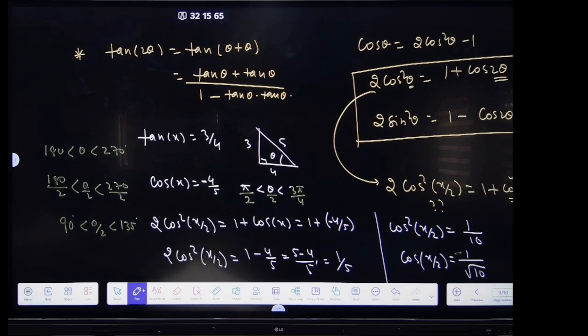Sin x is separate, sin y is separate. Solve, solve. Try, if not I will solve.